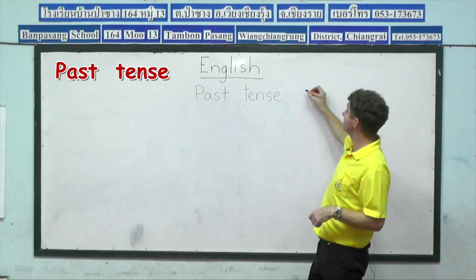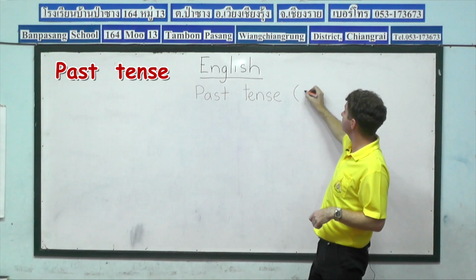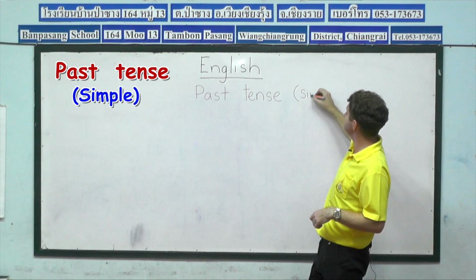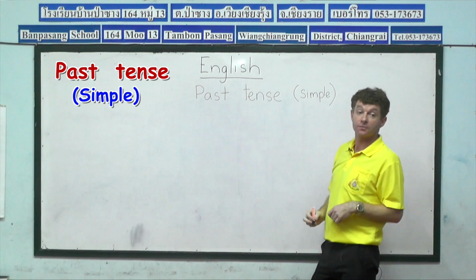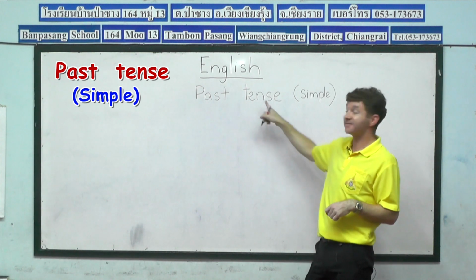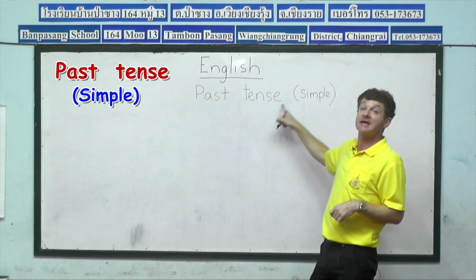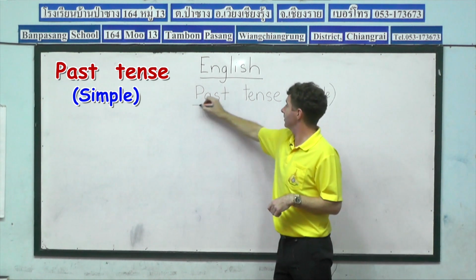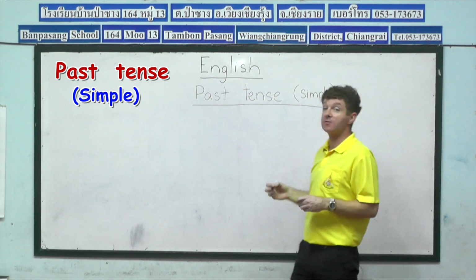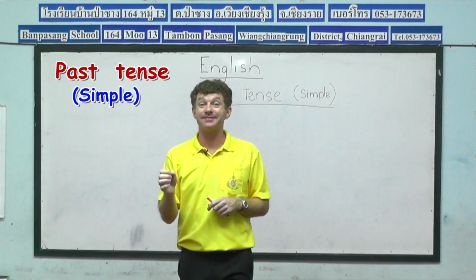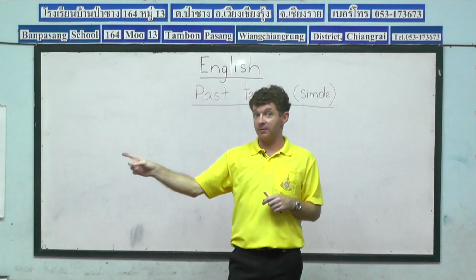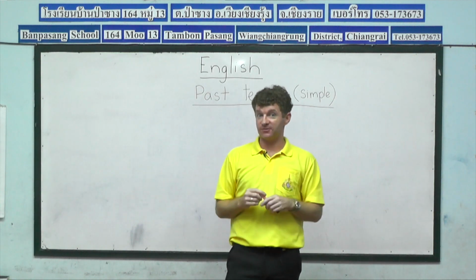And the type of tense that we've been talking about is the past tense in simple form. Okay? So past tense. Simple. Excellent. And we've been doing some work so far in the past tense with positive and negative statements.